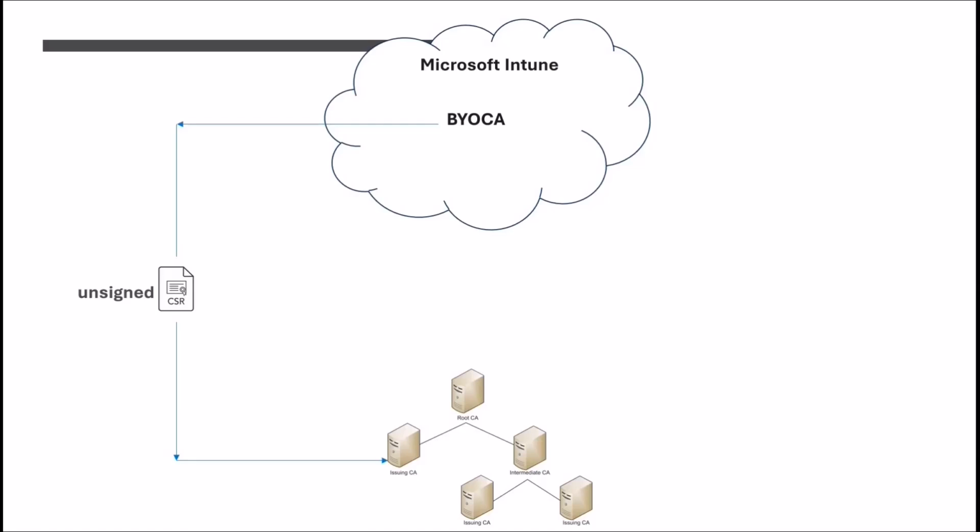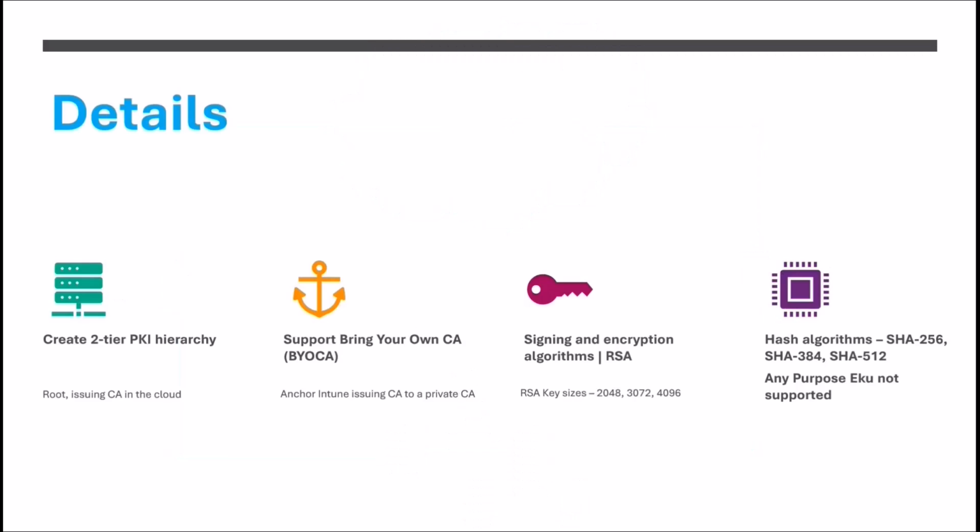The end goal is signing that CSR. Once that CSR is signed, the signed CSR is uploaded back into the issuing CA present in the cloud, so that now the issuing CA in the cloud is anchored with the root or the issuing CA in the on-premise. Okay. All right.